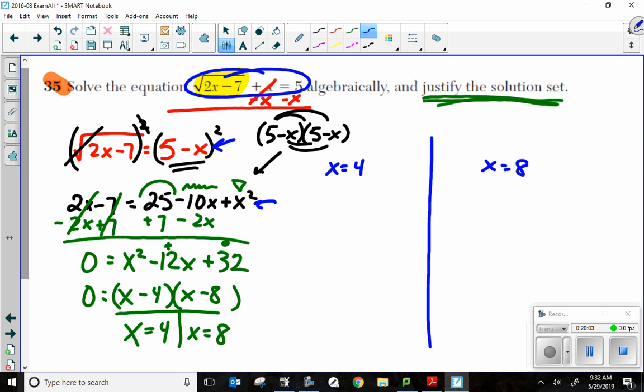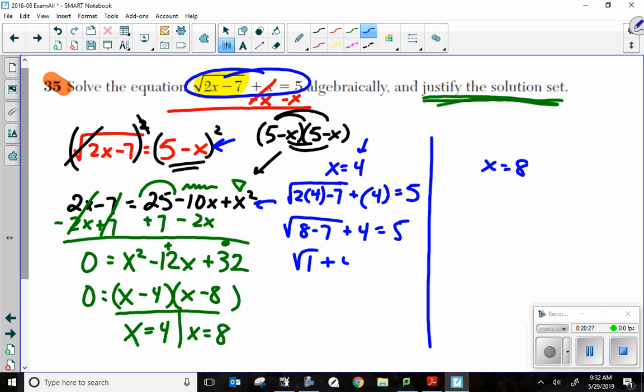So I have the square root of 2 times x, which is 4 in this case, minus 7, plus x again, which in this case is 4, that should equal 5. Square root of 8 minus 7 plus 4 equals 5. The square root of 1 plus 4 equals 5. 1 plus 4 equals 5. 5 equals 5. Cha-ching, check it.